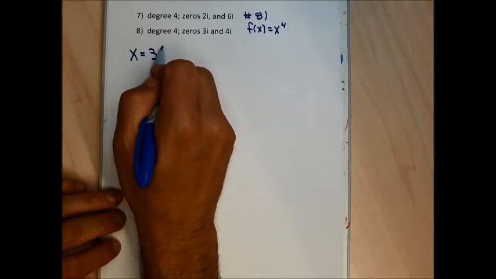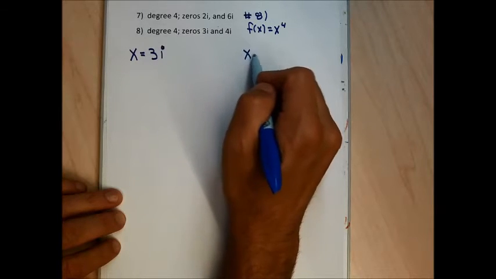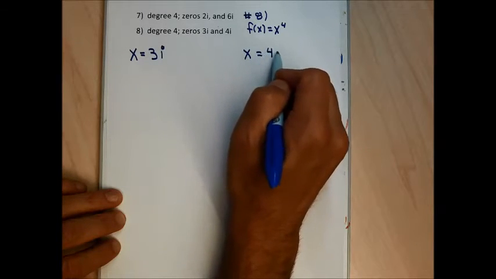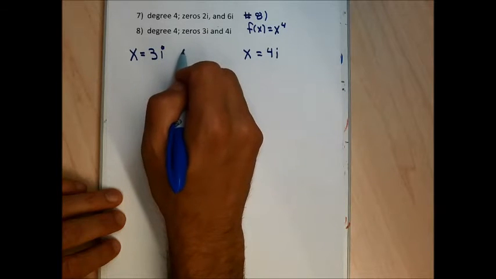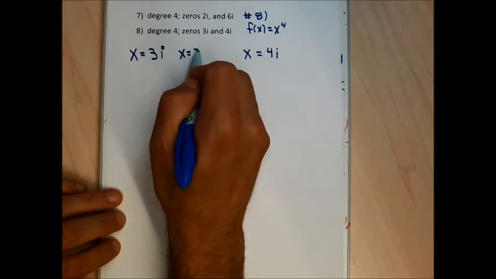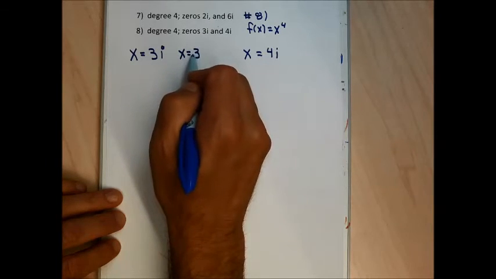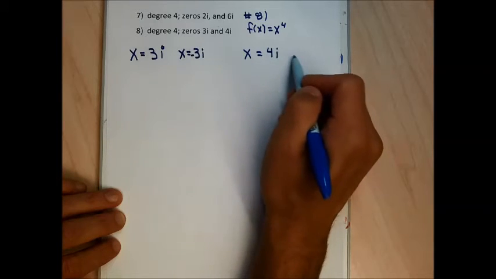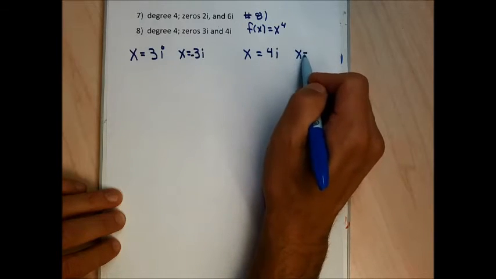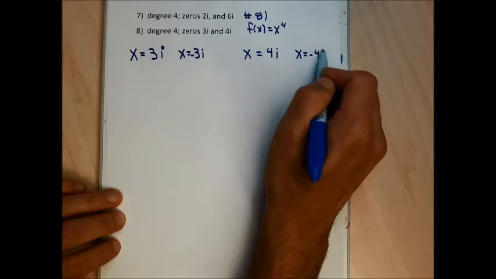I gave you the zeros x equal to 3i and x equal to 4i. Instinctively, I know that zeros with i's come in pairs. The pair for x equal to 3i is going to be x equal to negative 3i. The pair for x equal to 4i is going to be x equal to negative 4i.